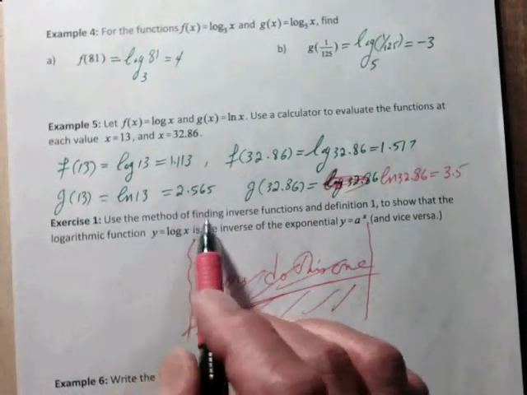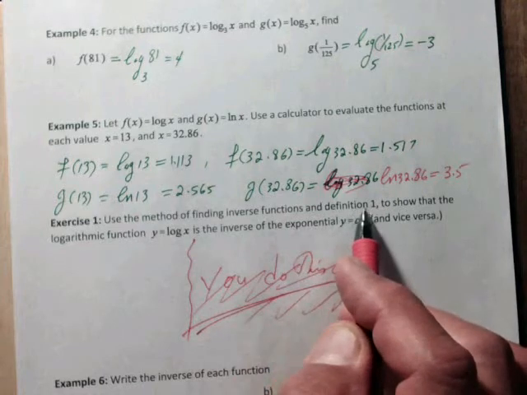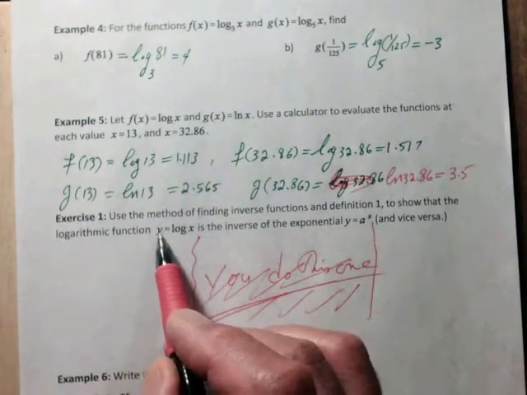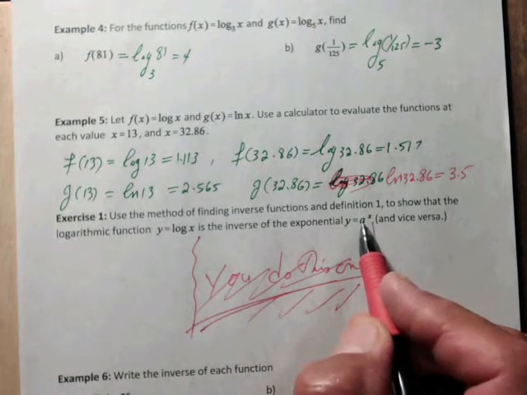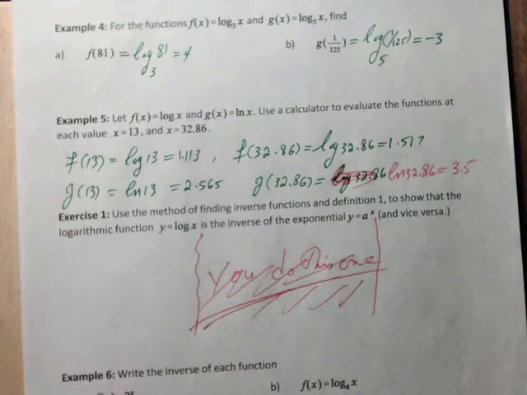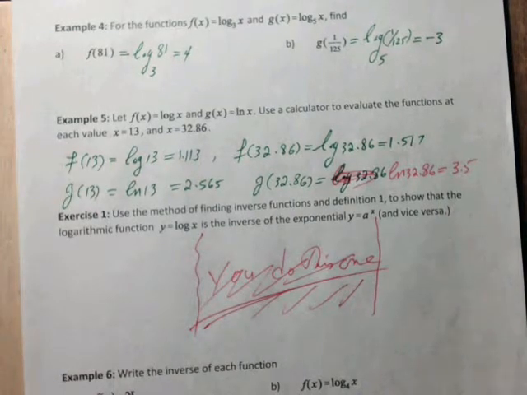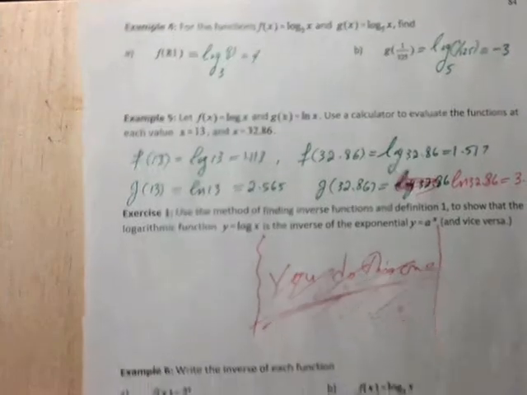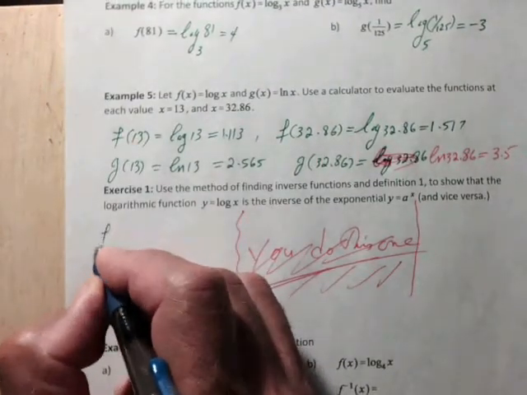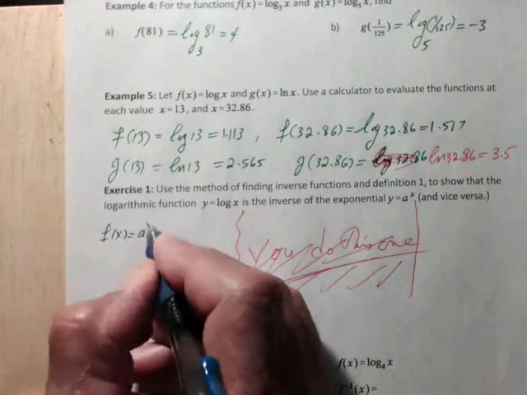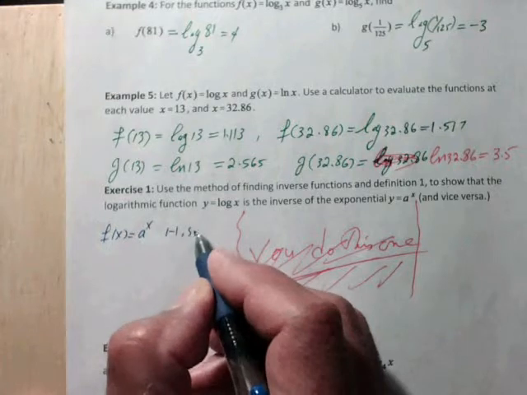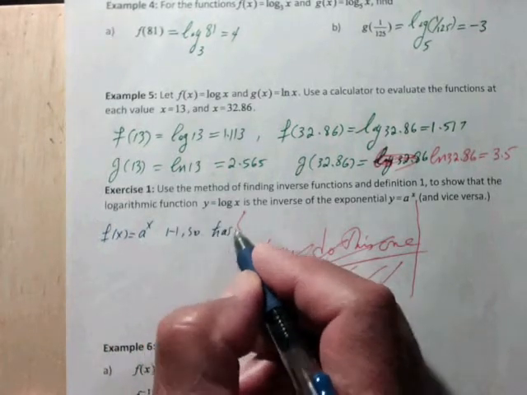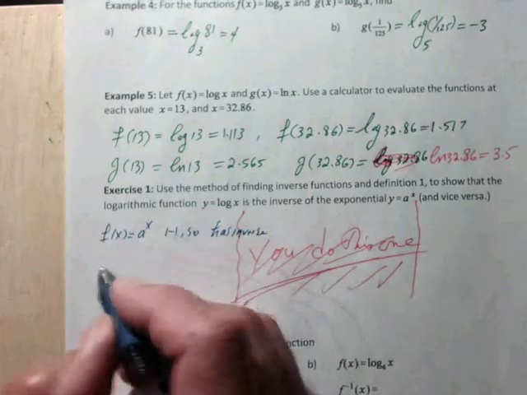As I said, use the method of finding the inverse function and definition 1 to show that y equal to log of x and y equal to a to the power x are inverses of each other. Let me start with f of x equal to a to the power x. This is 1 to 1, so it has an inverse. How do I find the inverse?